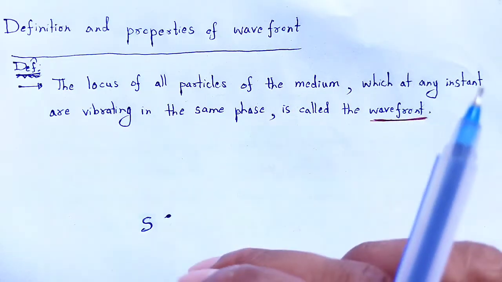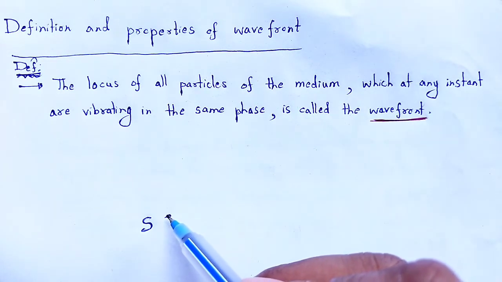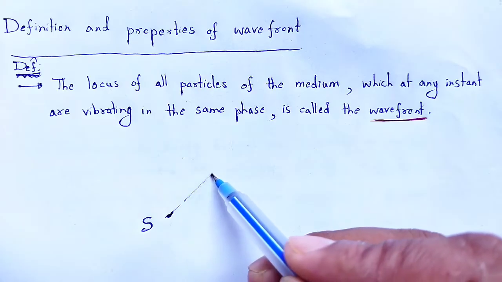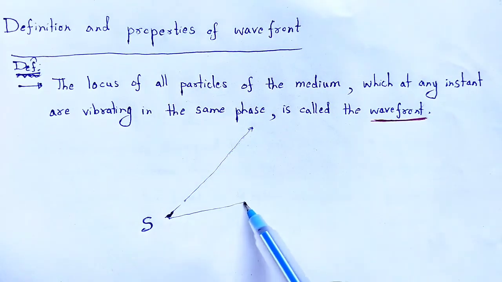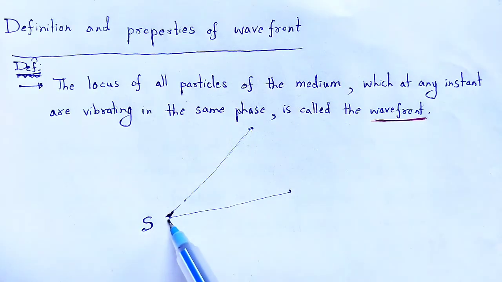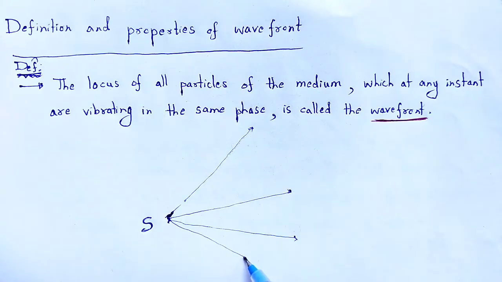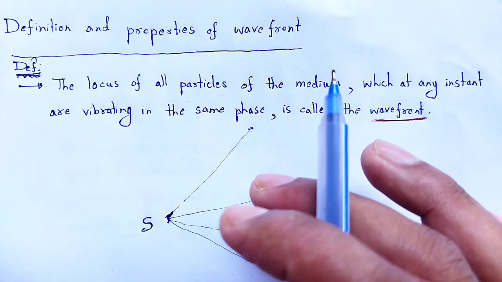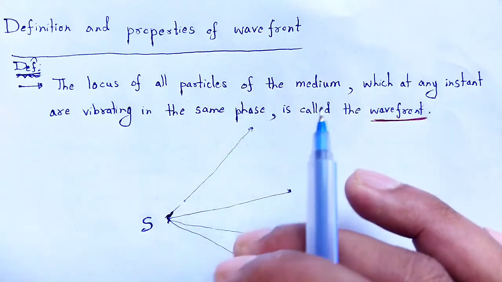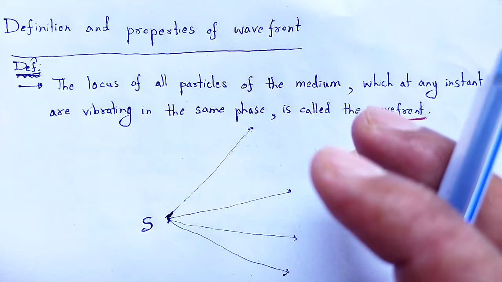The waves travel through the medium with the speed of light, which is equal to c.